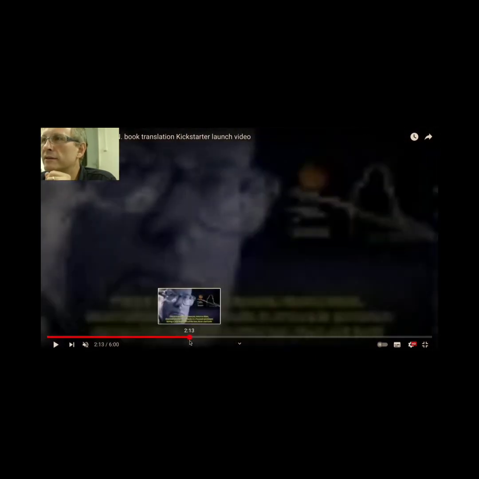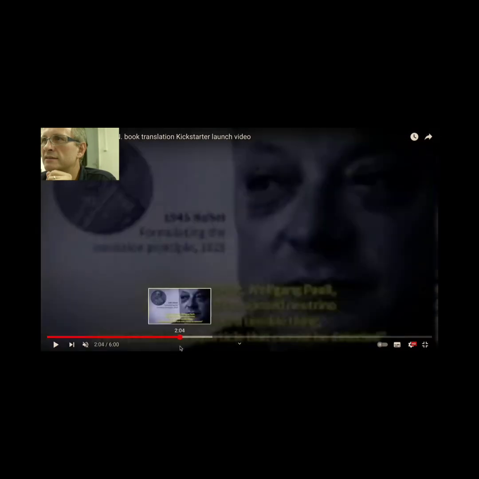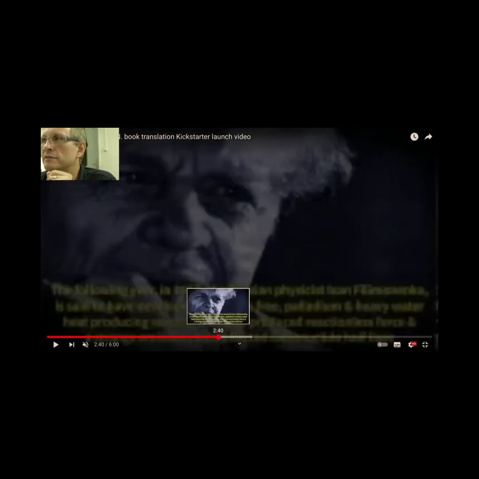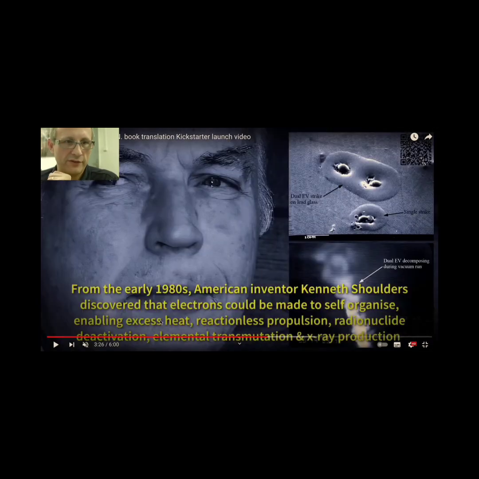So we go along here, and I'm going to show you, which one do I want to show you? Okay, I recommend you go and see this. This image is very, very important here, and I specifically chose this all those moons ago for this reason. This is a dual Evo strike going through lead glass.